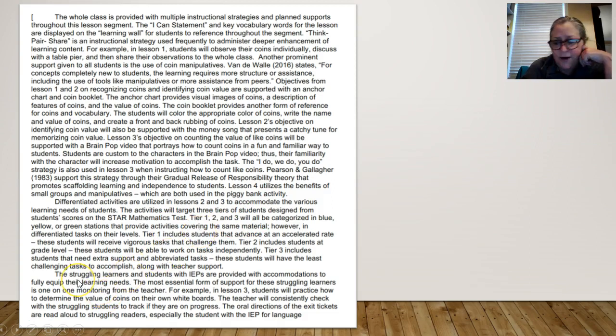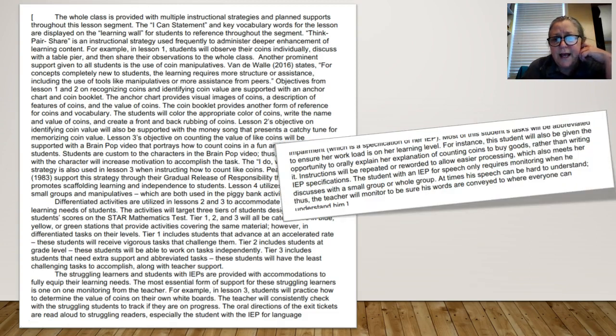Then she's come down here and started talking about her struggling learners and students with IEPs, what kind of accommodations they had. And so this is just excellent. And this person did do really well. So if you want to pause and read and see what that was, that was really good.